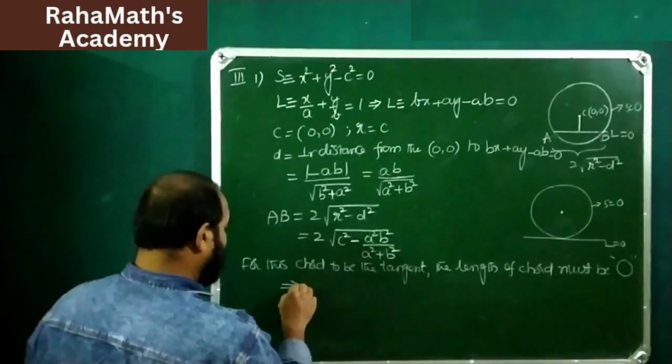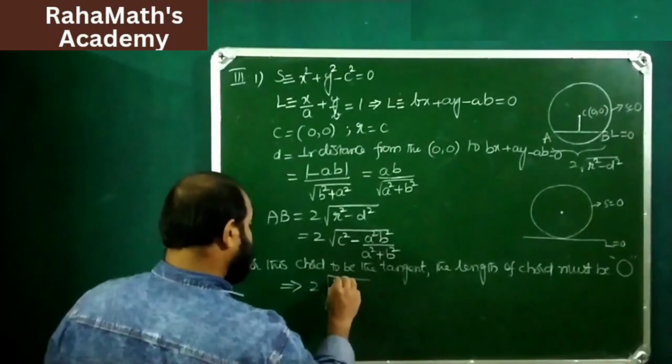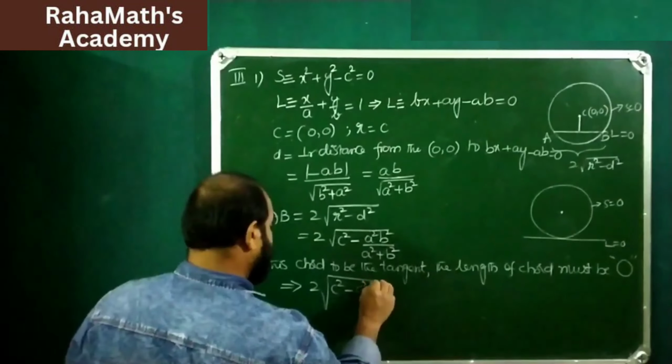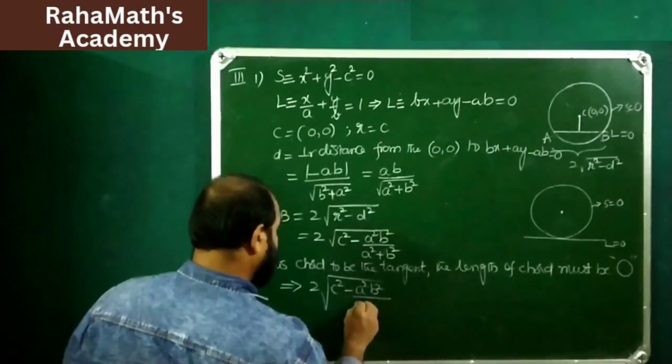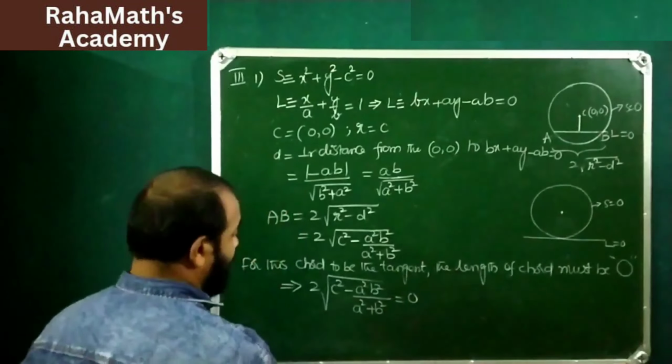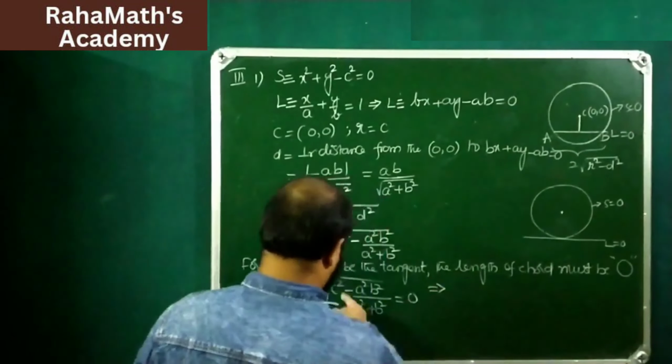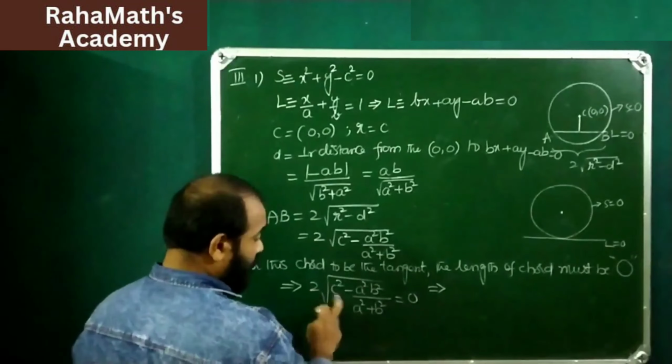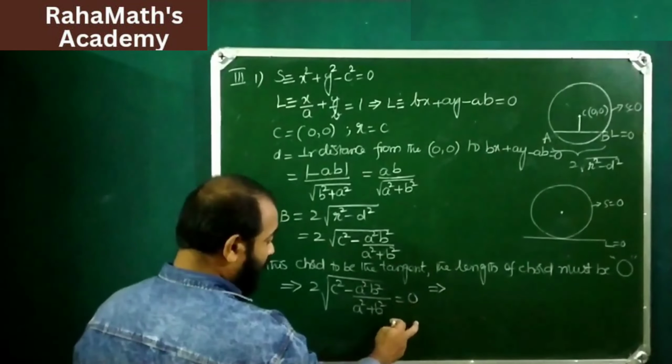So that means 2 root of c squared minus a squared b squared by a squared plus b squared equals 0. Squaring on both sides, if you transpose the 2, 0 by 2 is 0.